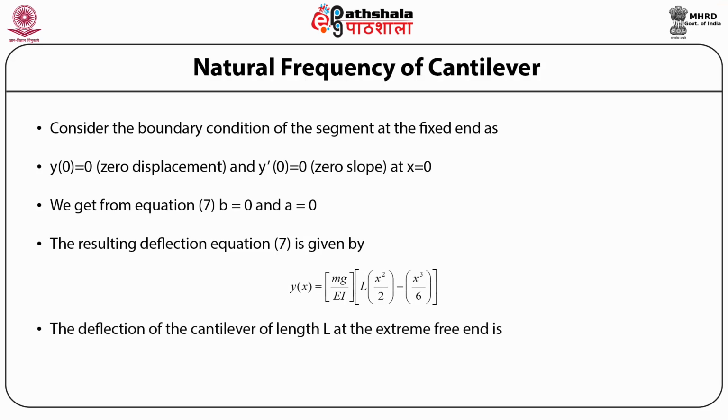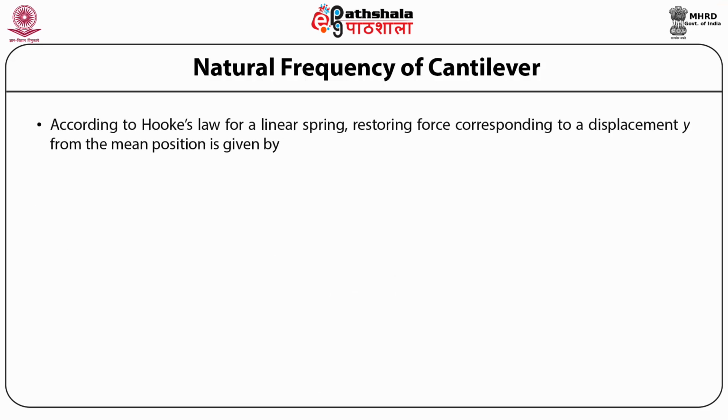Now the deflection of the cantilever of length L at the extreme free end is given as mgL cube divided by 3EI. According to Hooke's law, for a linear spring, the restoring force corresponding to a displacement y from the mean position is given as F is equal to ky, which every one of you must be knowing.